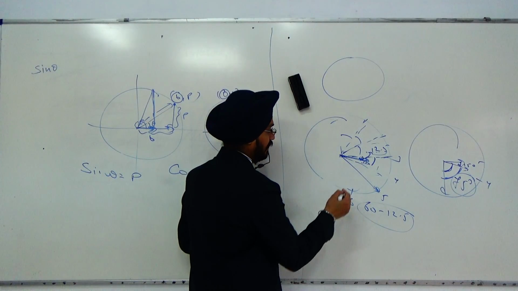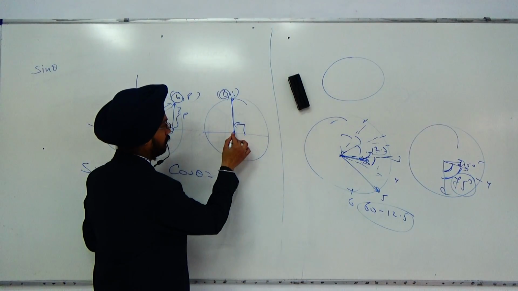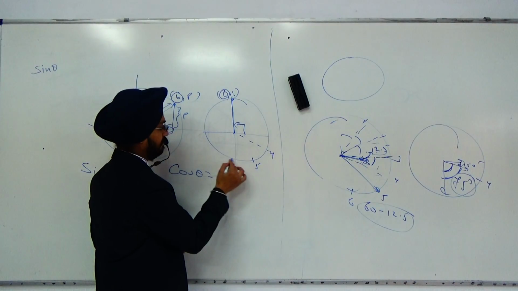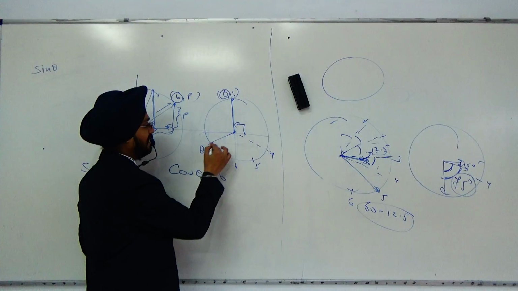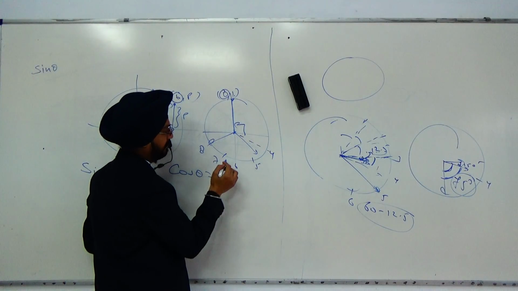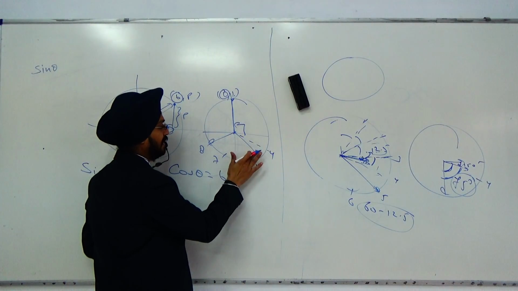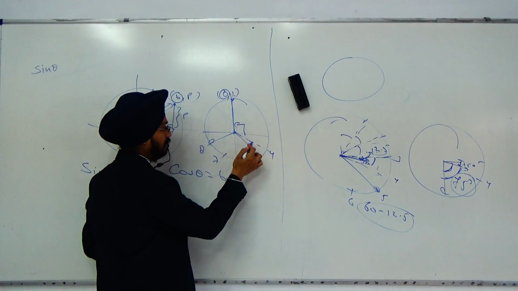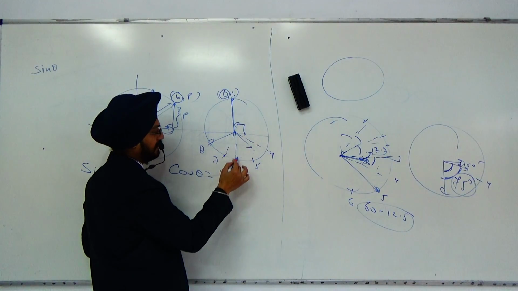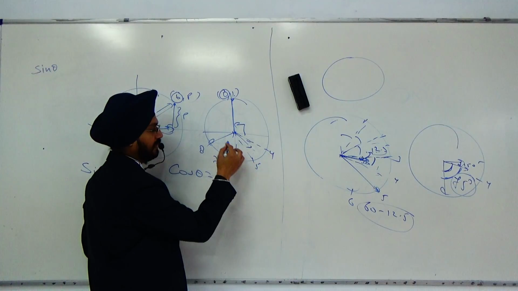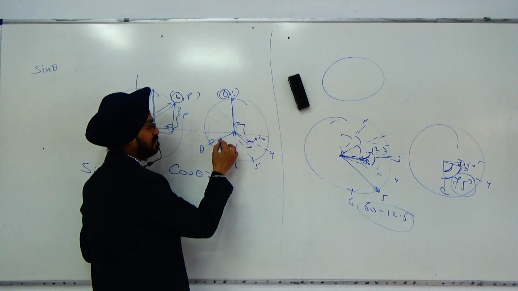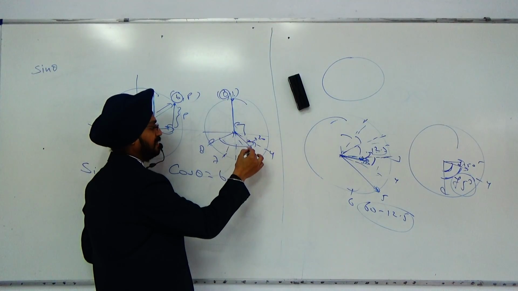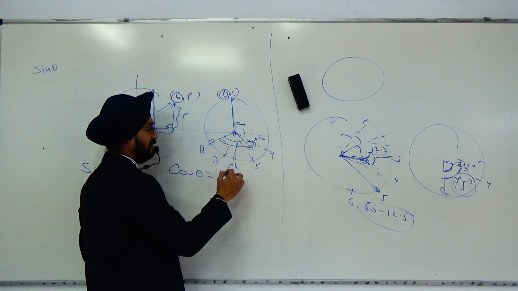See, if our hand had been at 4, 5, 6, 7, and 8. Minute hand is at 8. Our hand is between 4 and 5. I'm saying if our hand had been at 4, then what would have been the angle? 30, 30, 60, 30, 90, 30, 120. But in 40 minutes, it will travel by 20 degree. So instead of 120, because 20 degrees it has traveled, now the angle is 100 degree.